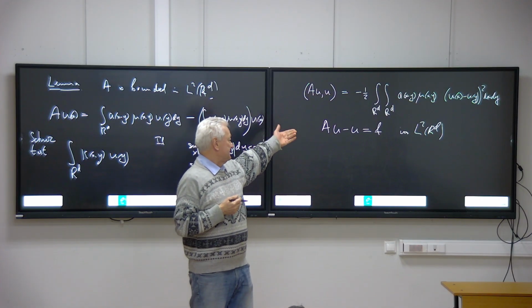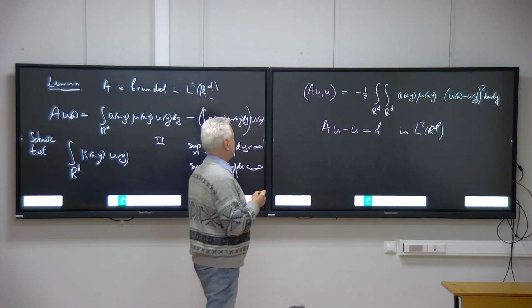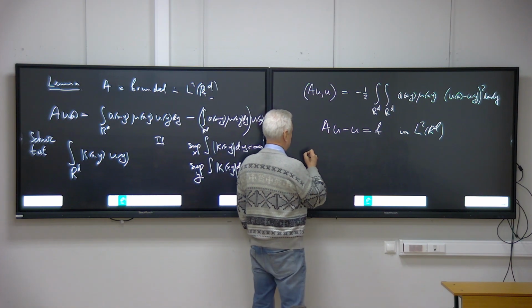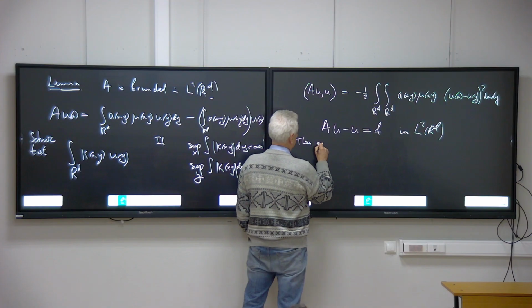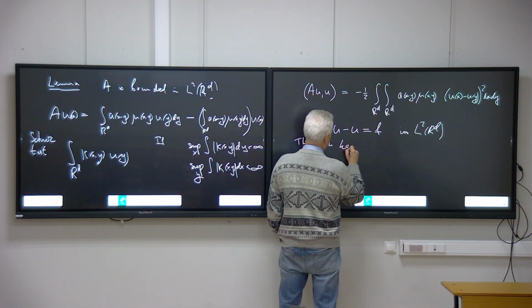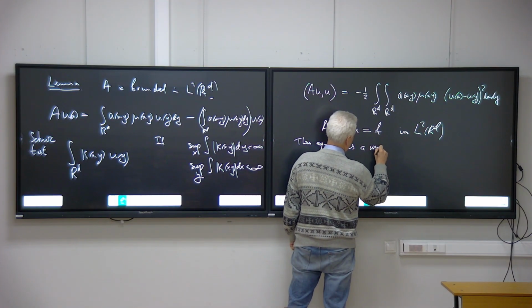By this coercivity of the operator, we immediately have that this equation has a unique solution.